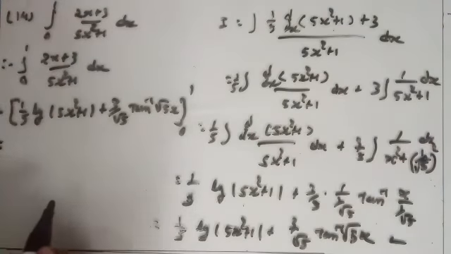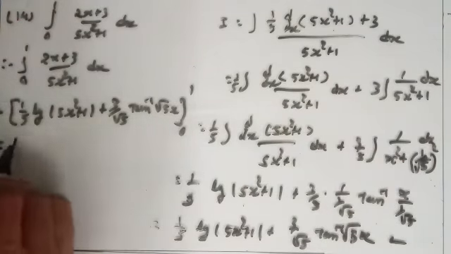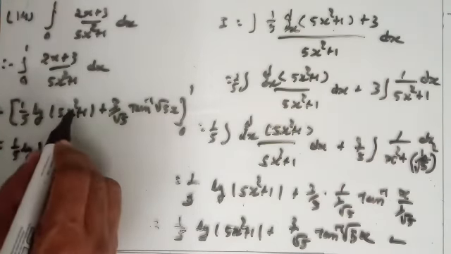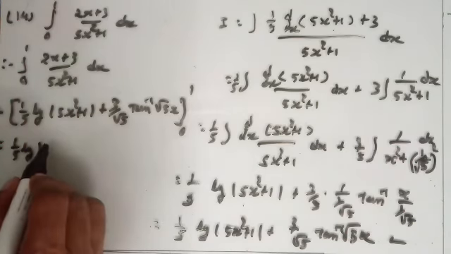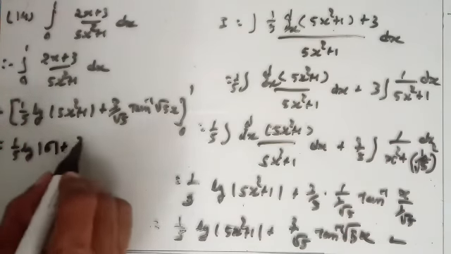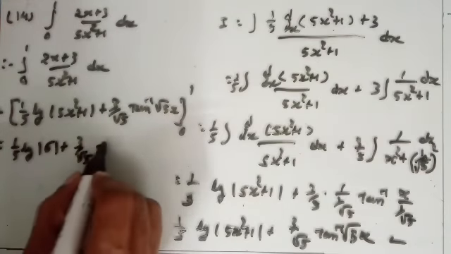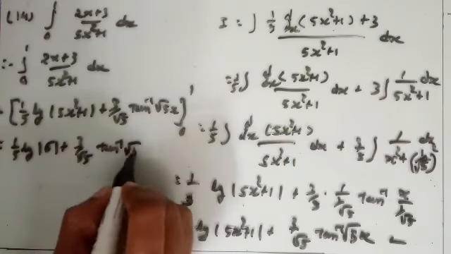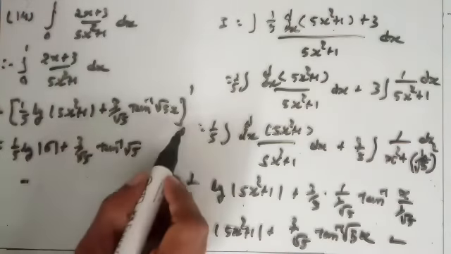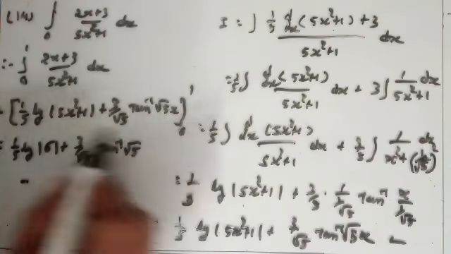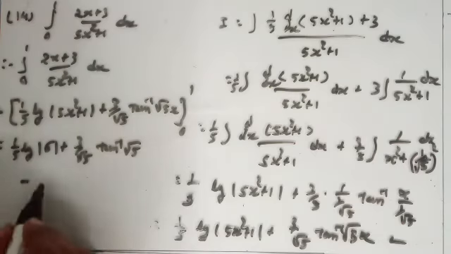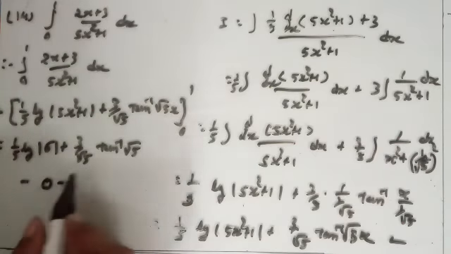So now apply the limit. 1 upon 5 log mod, x is equal to 1, so 5 into 1 becomes 5, plus 1 is 6, plus 3 by root 5 tan inverse root 5 into 1, that is root 5, minus, replace x by 0, so 1 upon 5 log of 0 plus 1, that is log 1, and log 1 becomes 0, minus tan inverse 0 also becomes 0.